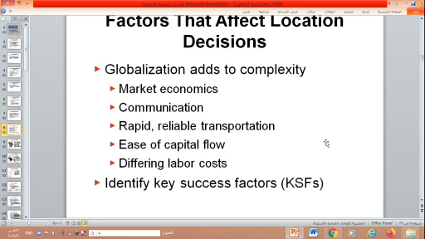One approach to selecting a country is to identify what the parent organization believes are key success factors needed to achieve competitive advantage.